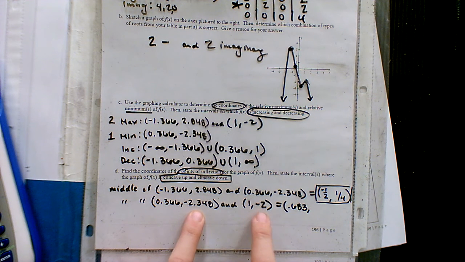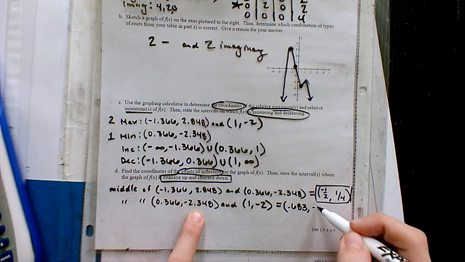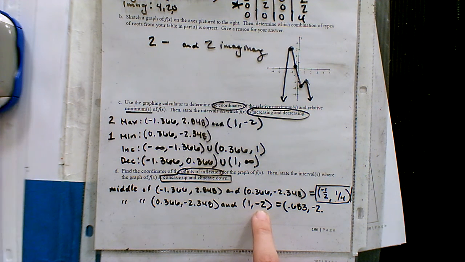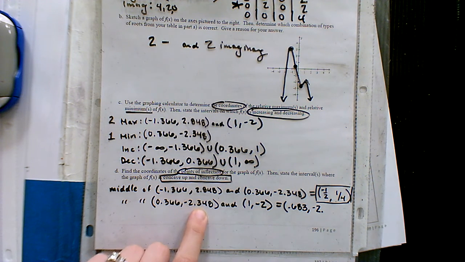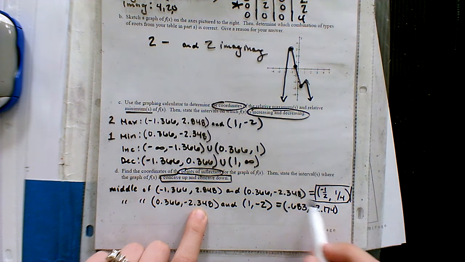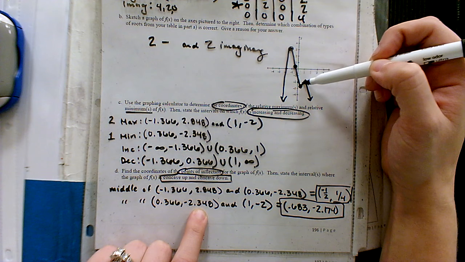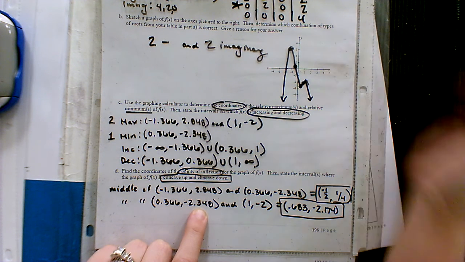We're going to do the same thing for the y's. Add the y's. We'll get negative 4.348. Divide by 2. Negative 2 point something. Negative 2 point, yeah? 174. Good. All right, so graphically that's in the middle of this max and min. I know it's really cramped on your paper, but we're somewhere right in the middle.